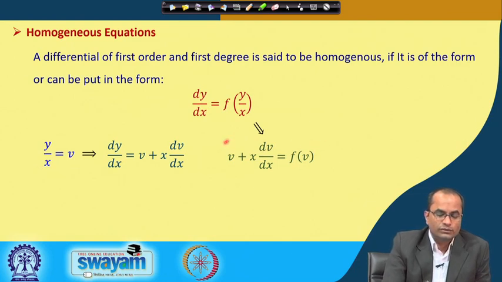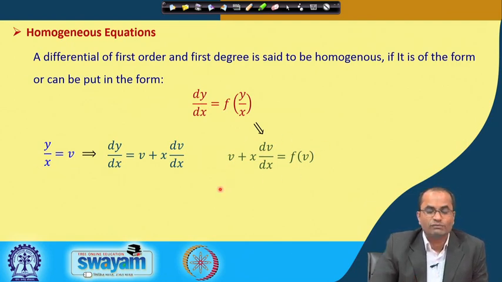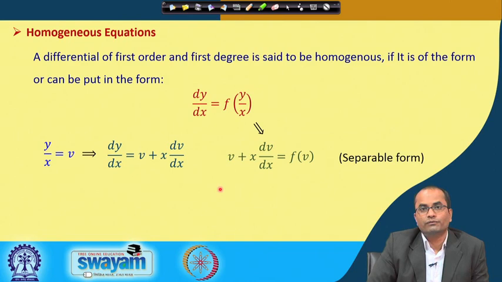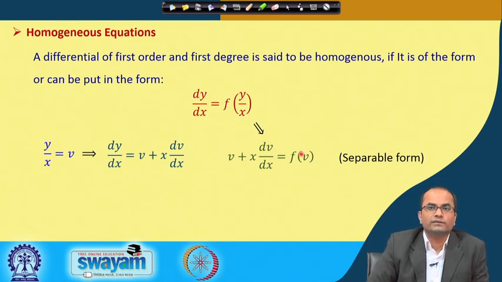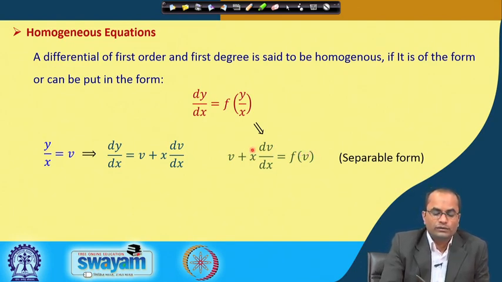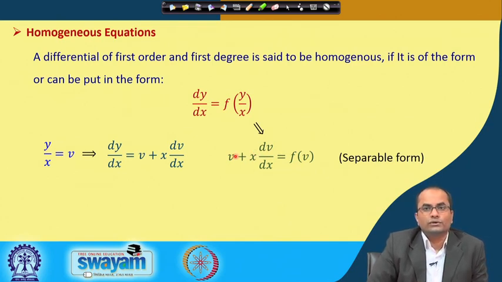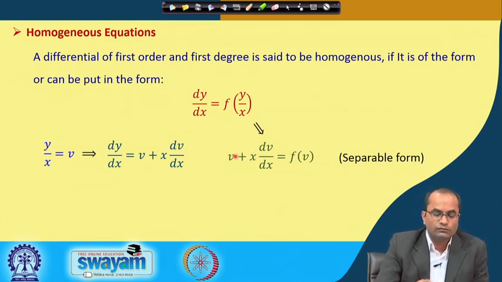This is a new equation which is in separable form, because we can take this v to the right hand side. So, we have f of v minus v. The right hand side contains everything with v, and the left hand side with x. So, this is a separable equation in v.